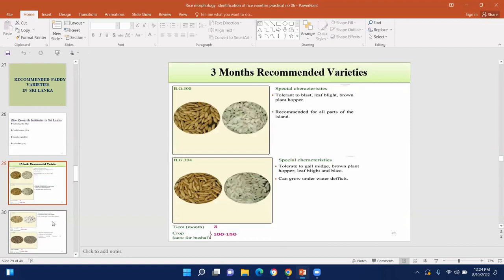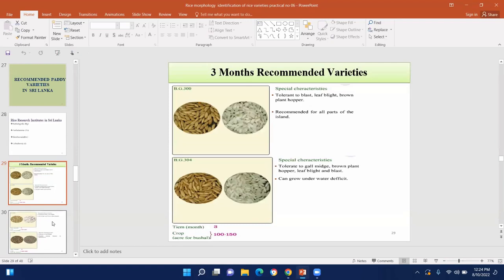Okay, 3-month recommended varieties, we will mention BG 300 and BG 304. BG means they were released by which research institute? That's why we are mentioning BG 300 and BG 304. They have special characteristics.